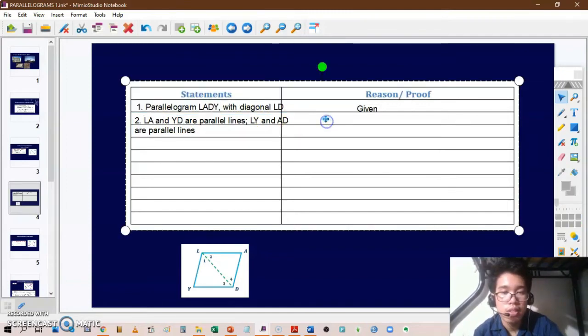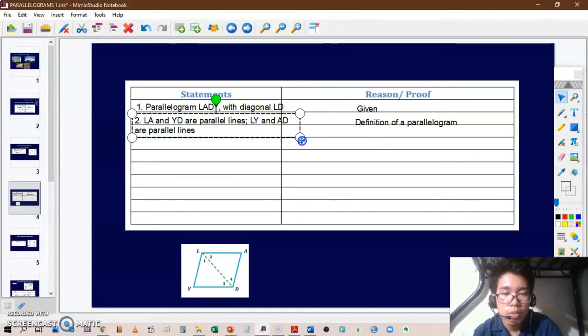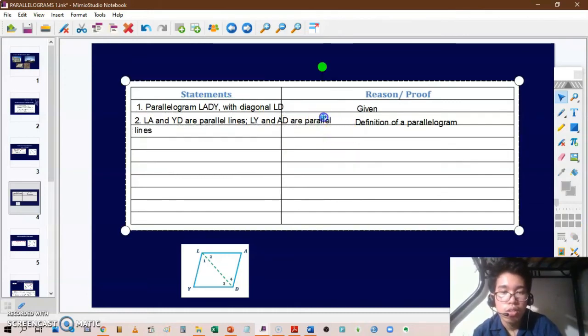So that's simply the definition of a parallelogram. Okay, so there you go.